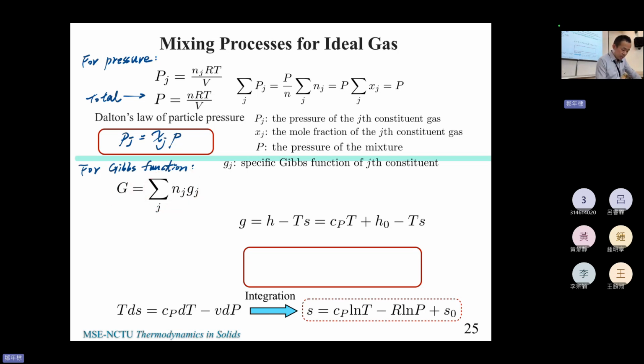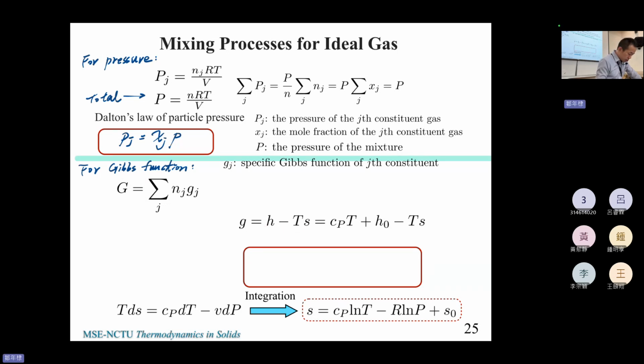The specific Gibbs function of the j constituent, the g is a small letter, you can imagine is capital Gj divided by nj. When they sum together, of course, it becomes the total Gibbs free energy. Now, what does G equal?